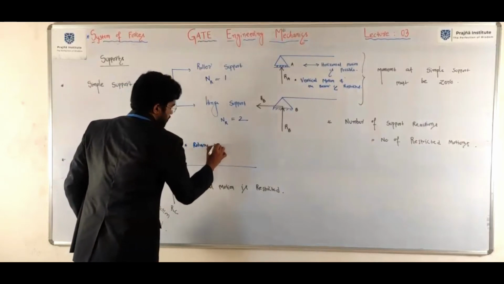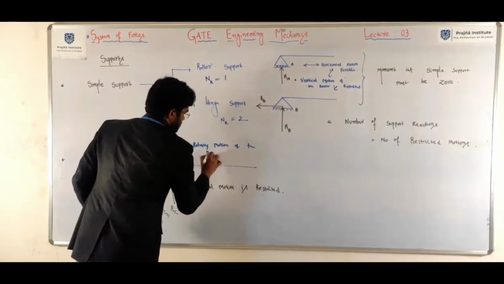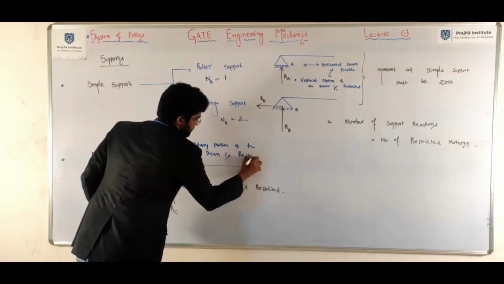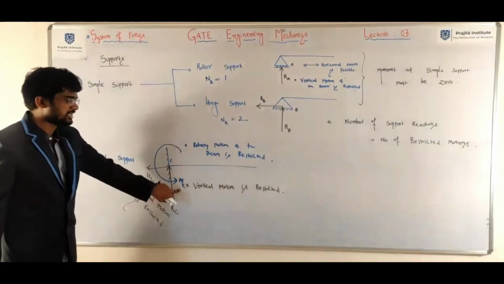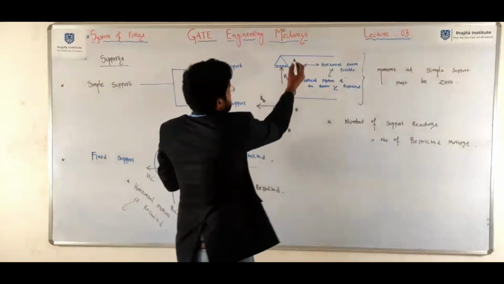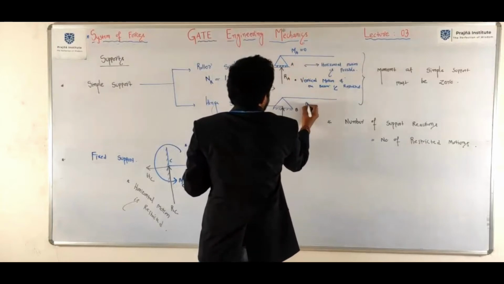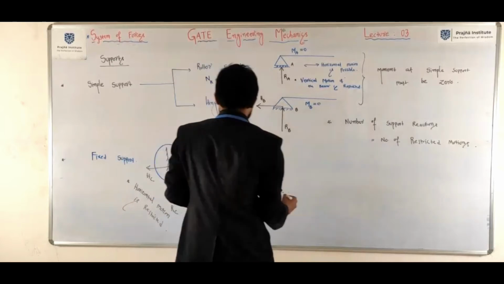Rotary motion of the beam is restricted. It can't rotate. That is why MC came. Here these two can rotate. That is why MA equal to 0, MB equal to 0. Number of reactions here 2.